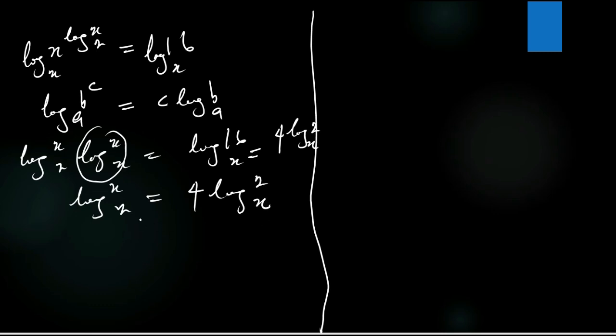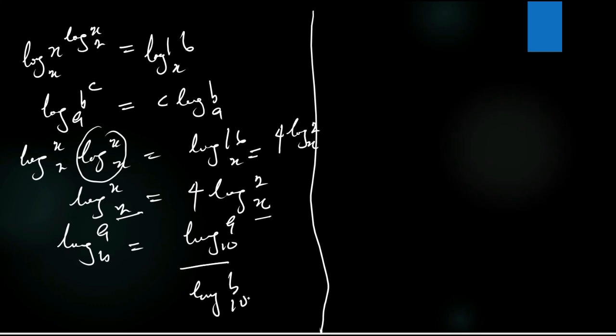Now if you look at both sides of this equation, you see while I have log base 2 here, I have log base x here. I want to make both bases the same thing. Remember that if I have log a base b and I want to change this to, probably, base 10, I can interpret this as log a base 10 divided by log b base 10.